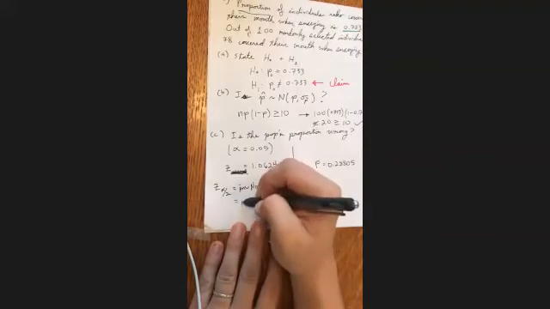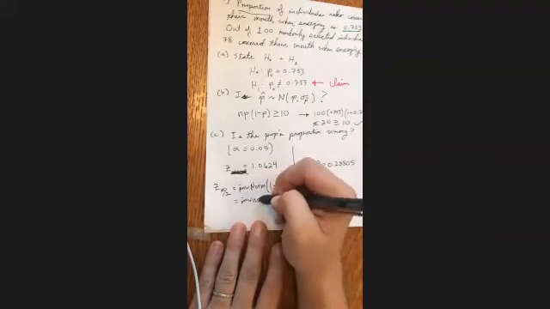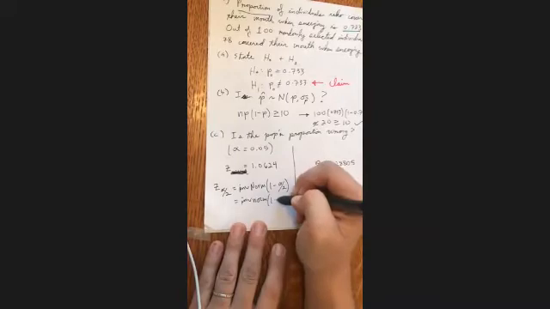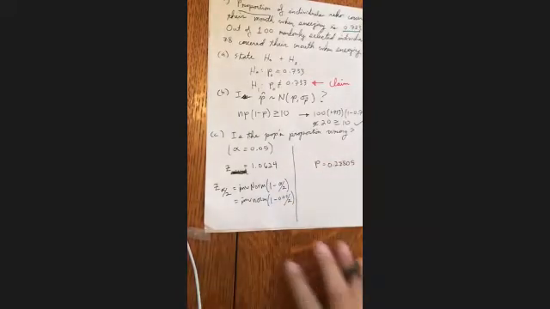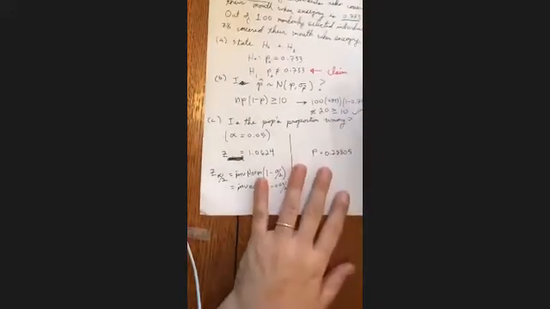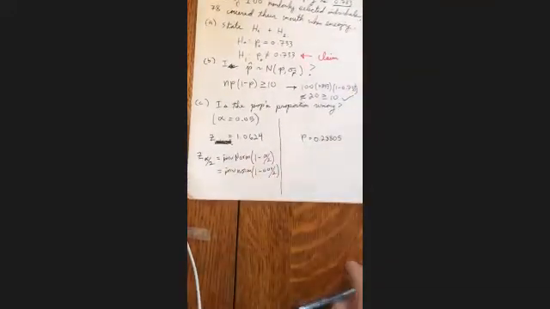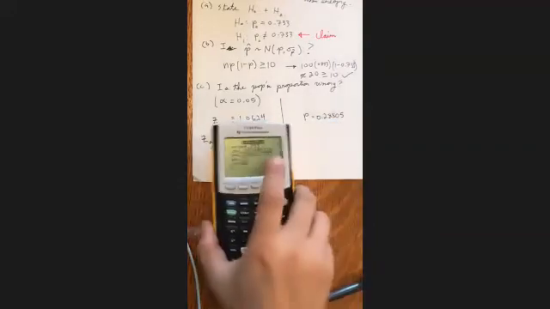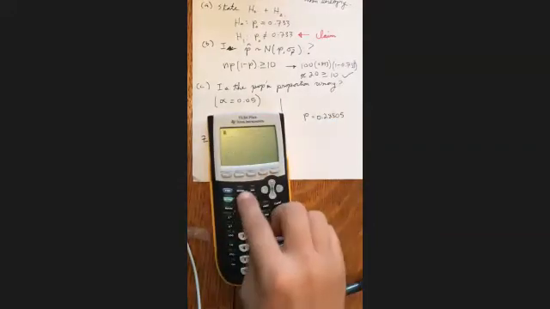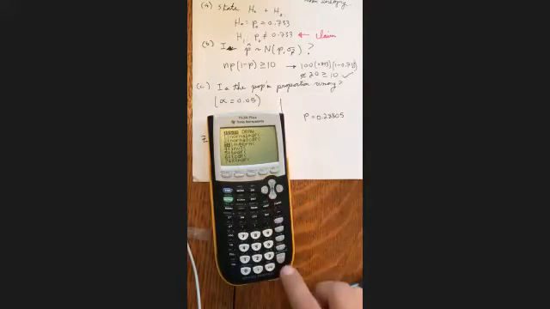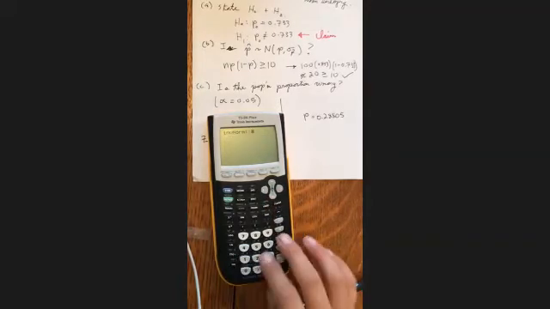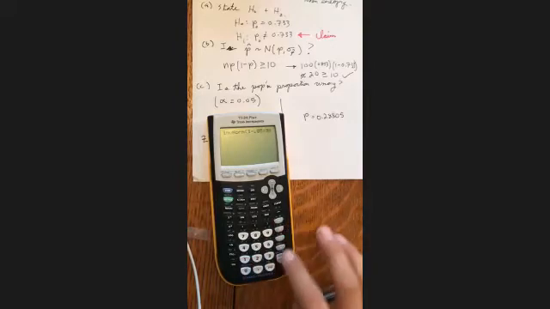So in other words, our alpha is 0.05, and then that'll get divided by 2. We'll punch that into the calculator: second vars, inverse norm, 1 minus 0.05 divided by 2.